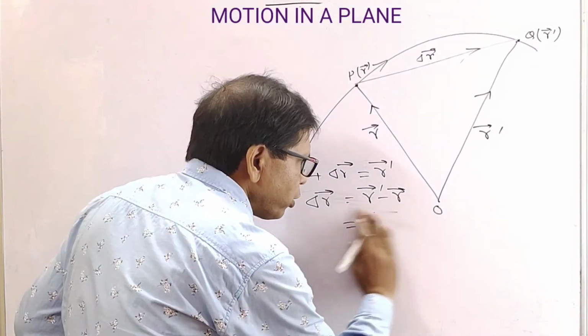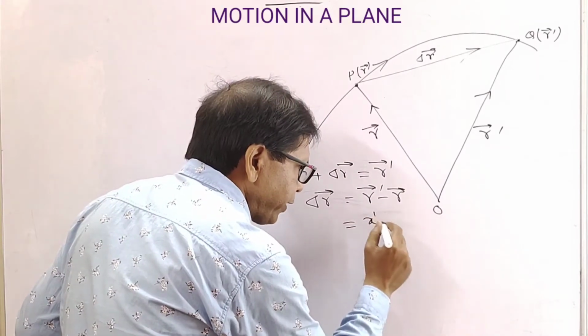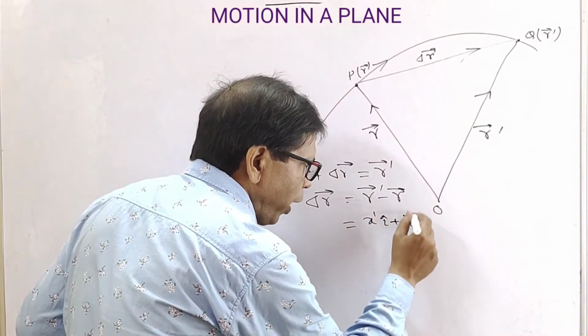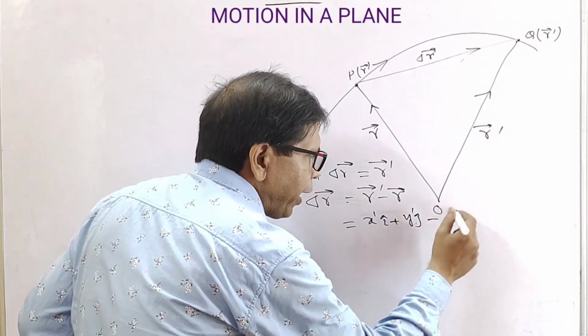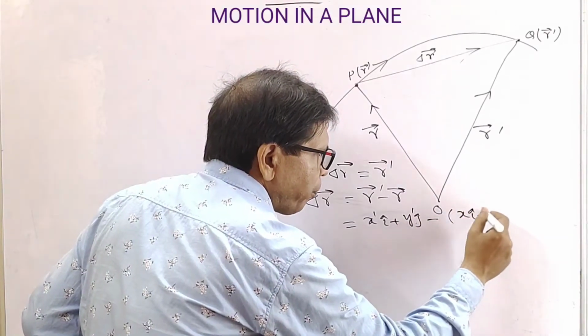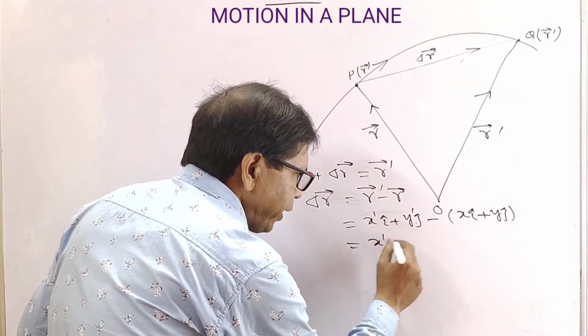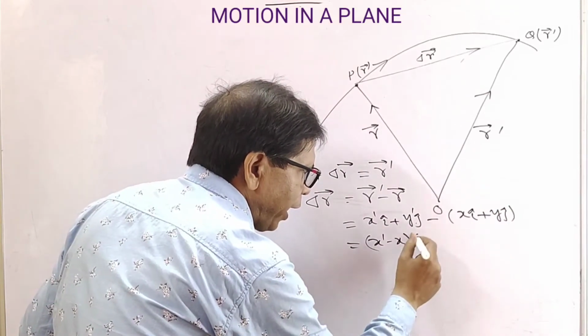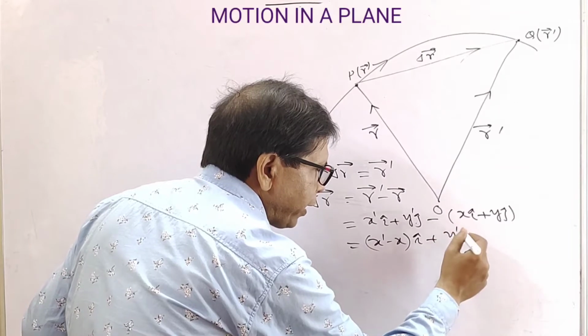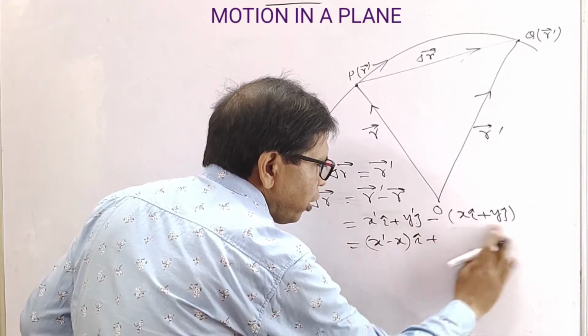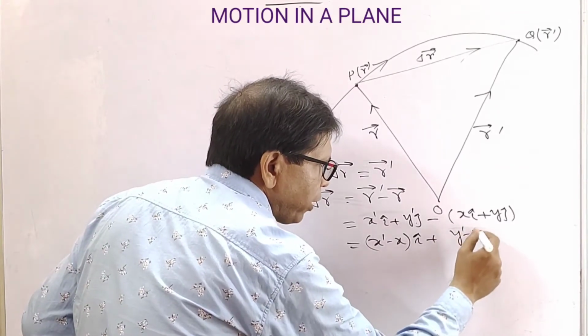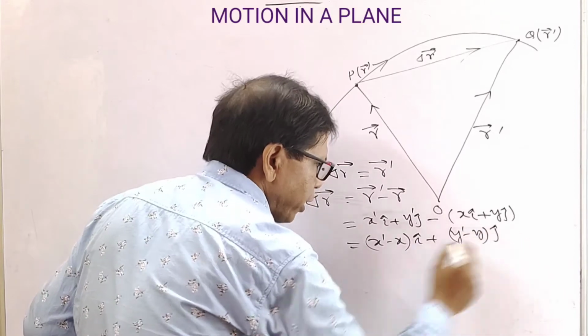Suppose r dash vector is x dash i cap plus y dash j cap and r vector is x i cap plus y j cap. So here x dash minus x is the i cap, plus y dash minus y is the j cap.